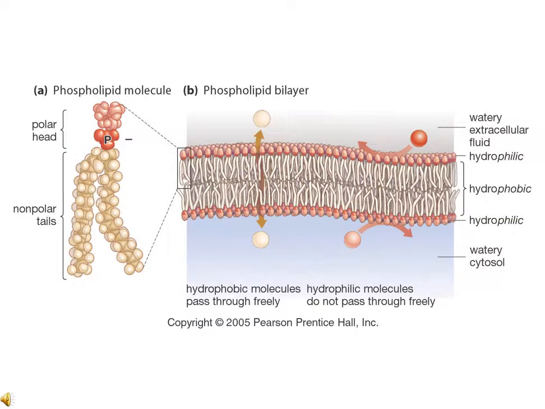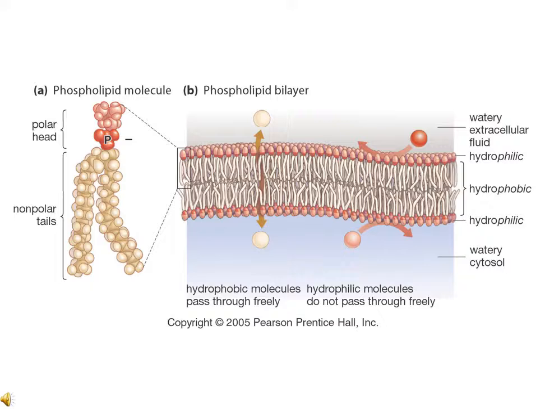Now let's look at the basic component of the cell membrane, the phospholipid layer. If you remember, we discussed the phospholipid molecule having a polar and a nonpolar structure. The polar head is hydrophilic, and the nonpolar tail is hydrophobic.